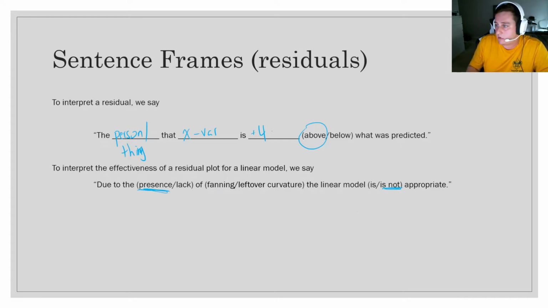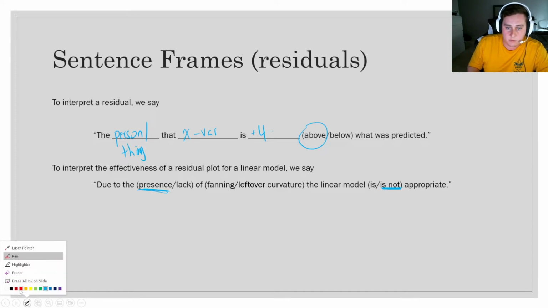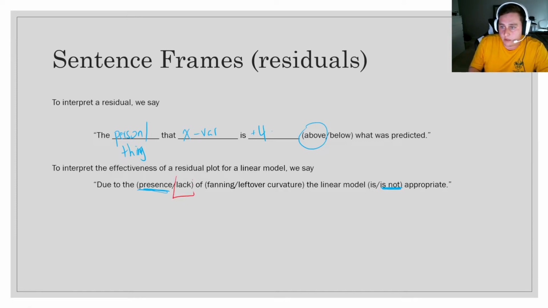The presence of those things implies that it is not appropriate. If you do not have those things, the lack of fanning or leftover curvature means that the linear model is appropriate. So you're either going to pick presence and is not, or lack and is. So stick with those two. There's only 2 versions of this sentence that are going to happen.